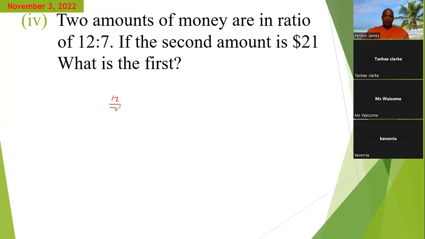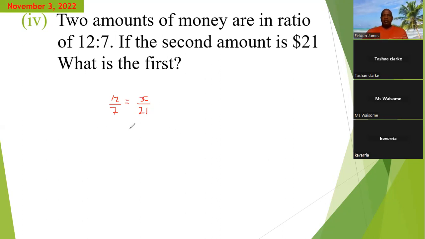Yes, sir. Equal to x/21. Yes, sir. Right. Then I went ahead and cross multiplied.